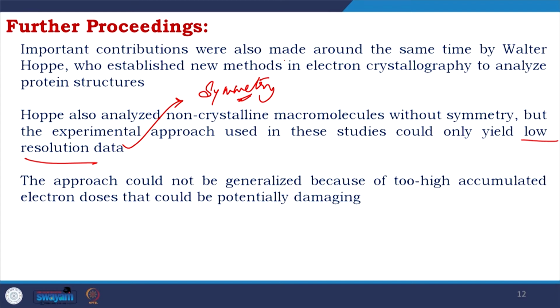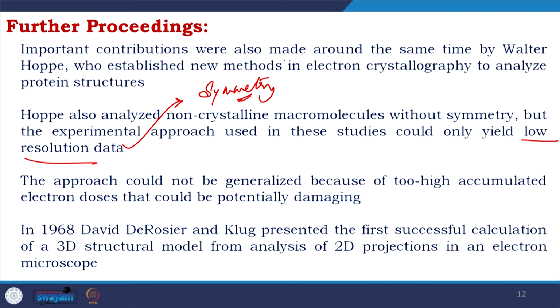The approach could not be extended because of too high accumulated electron doses that could be potentially damaging for the sample. In 1968, David DeRosier and Klug presented the first successful calculation of a 3D model from analysis of 2D projections in an electron microscope.